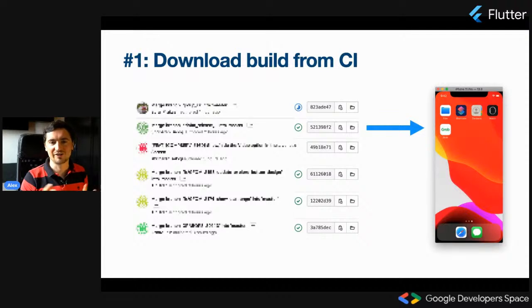But one of the artifacts of running our tests and builds is that we can take the build generated by this existing automation, download it locally, and install it on our device. So you can install it on your iOS simulator or iOS device, or you can install it on your Android device, and then you can run this application with existing binaries embedded into it.